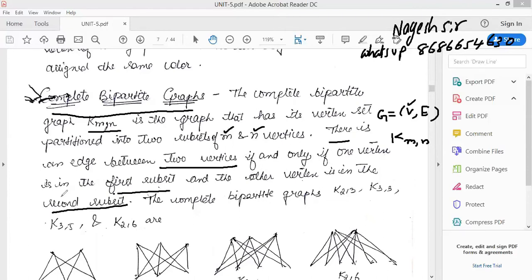There is an edge between two vertices if one vertex is in the first subset and the second vertex is in the second subset. If this happens in the graph, then that graph is said to be a complete bipartite graph.